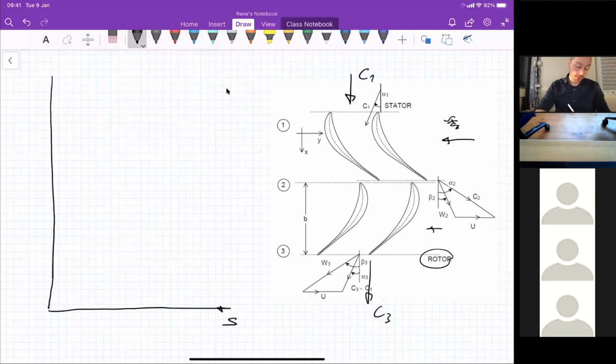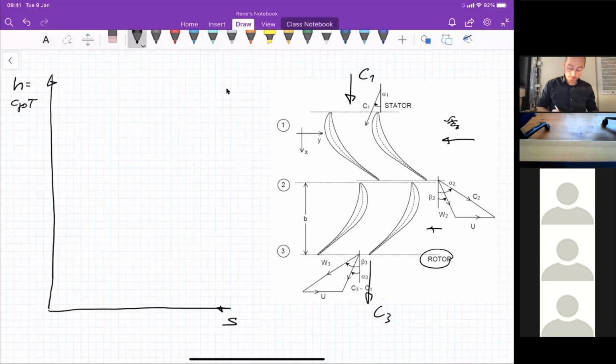This is entropy, and that can be enthalpy, or as we said already last time, you can just have a factor Cp in front of it if you assume it's an ideal gas and a calorically perfect gas, which means Cp is not even a function of T, but Cp is just a constant value. Then you can assume that the H axis and the T axis are the same, just scaled by Cp.